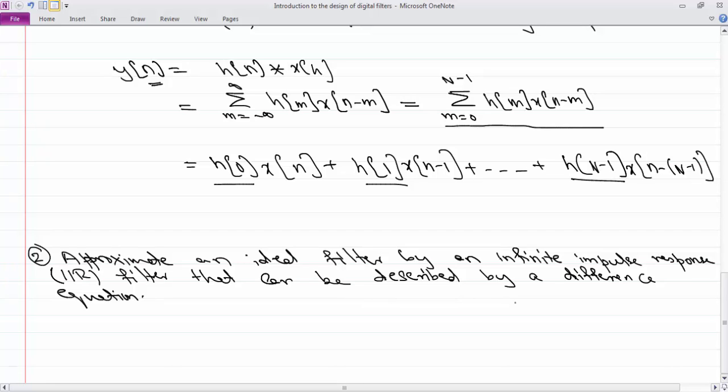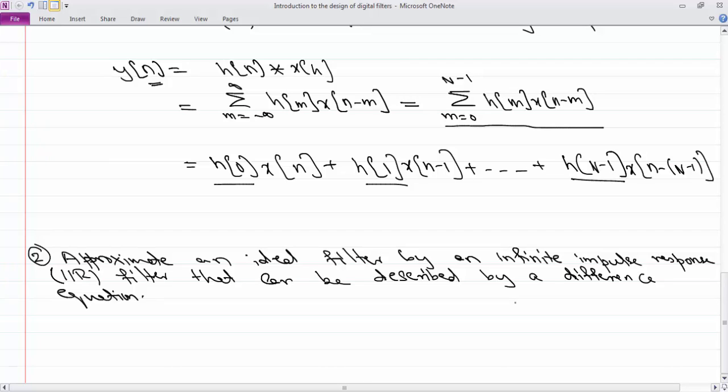Now, this may sound counterintuitive because we started with the aspect that an ideal filter has an impulse response which typically goes from n from minus infinity to infinity or 0 to infinity. So you cannot use the convolution formula directly. But the solution I am saying is you start with the ideal filter and then replace it with another infinite impulse response filter.